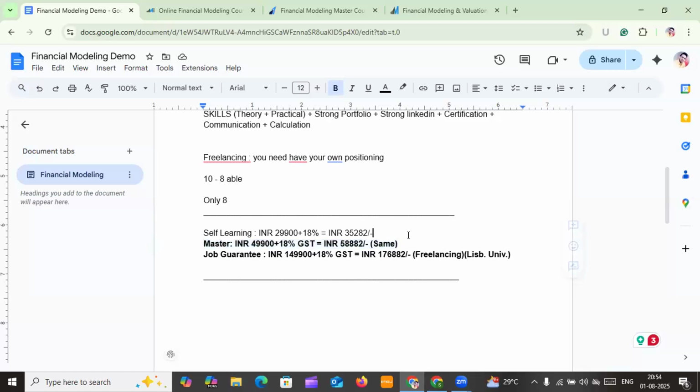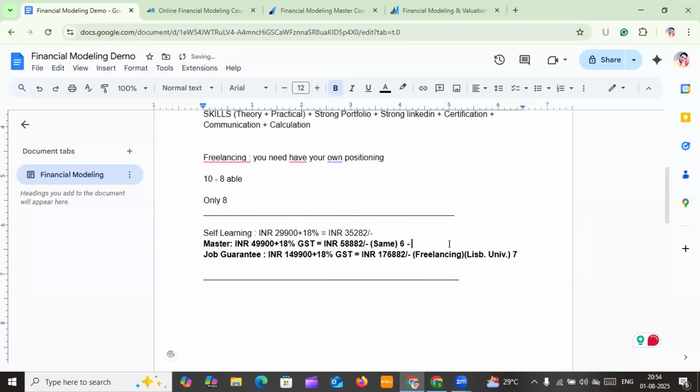Other than that, you will get close to 6 certificates in the master's program in total, but here you will get a total of 7 certificates, because one additional certificate from Lisbon University is part of it. This is difference number 2.